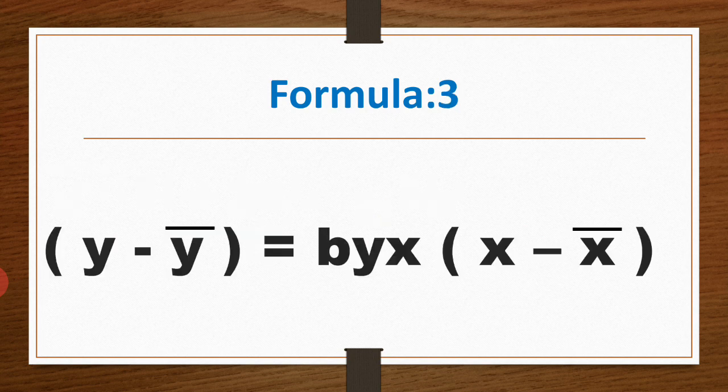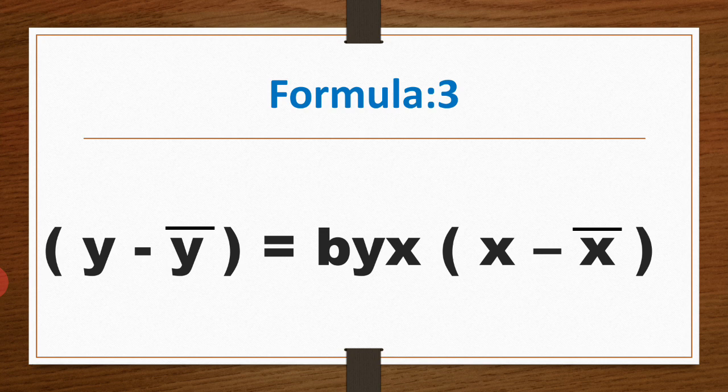After that, formula number 3, all of you know, because it is the same as in the last 3 methods. For the y on x equation, y minus y bar is equal to byx into bracket x minus x bar. It means there is no change in the y on x equation and x on y equation.